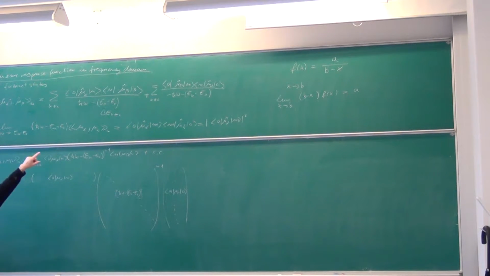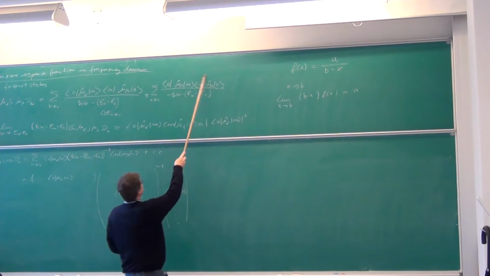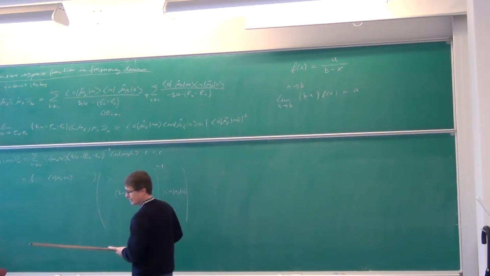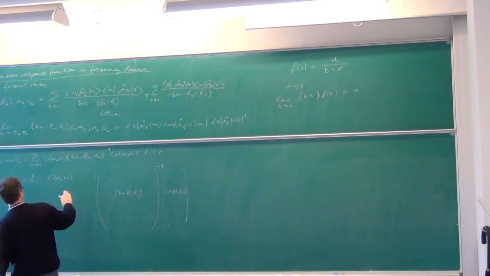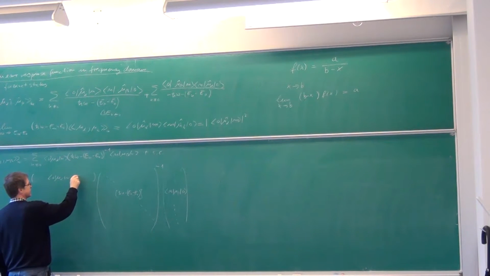And I can actually stuff the second part also in there, make the vector longer, and continue the matrix. So I can write the whole thing, both sums together. The only thing I have to do then is switch around. I can move this up here, so I get mu alpha on the left-hand side. Then I have the first part where I have these kinds of integrals, and the second part I have the other way around.